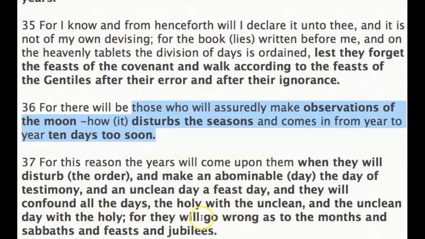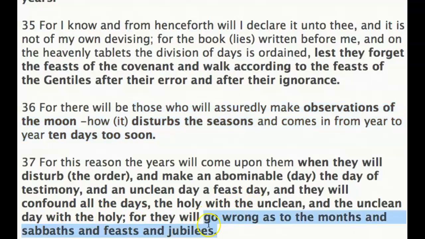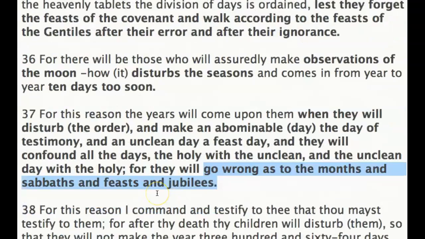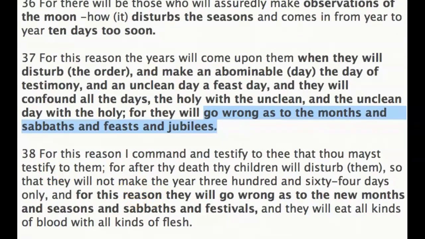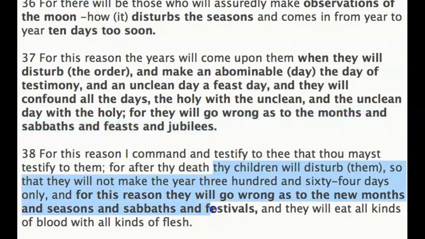For they will go wrong as to the months and Sabbaths and feasts and jubilees. For this reason I command and testify to thee, that thou mayest testify to them. For after thy death thy children will disturb them, so that they will not make the year 364 days only. And for this reason they will go wrong as to the new months and seasons and Sabbaths and festivals. And they will eat all kinds of blood with all kinds of flesh."